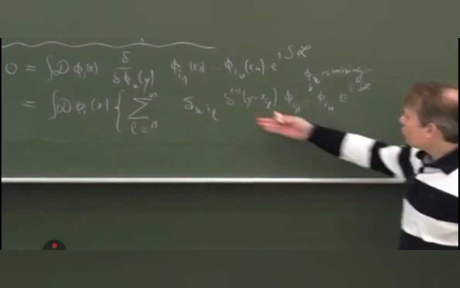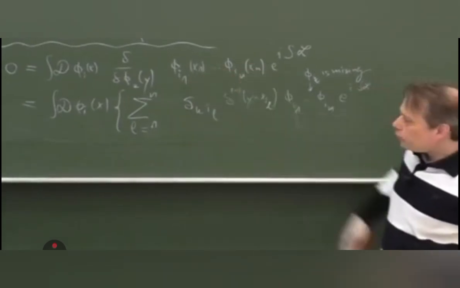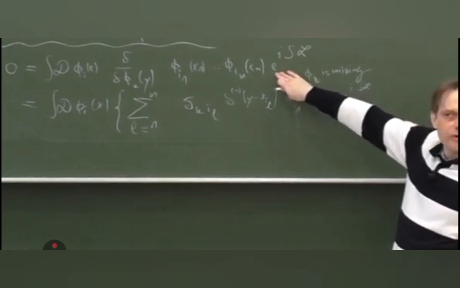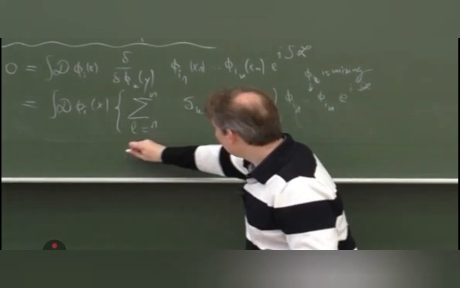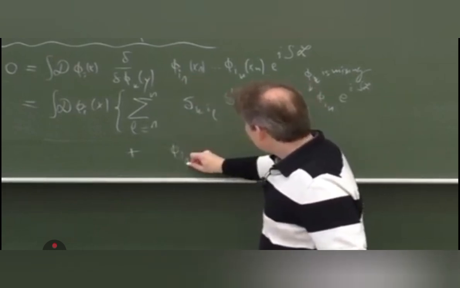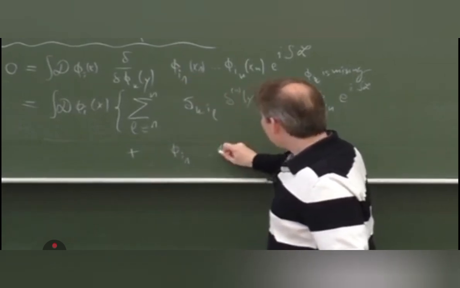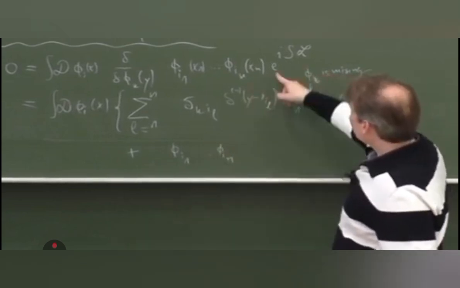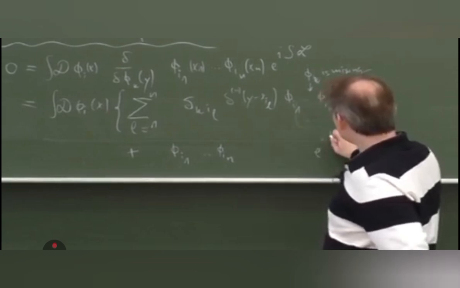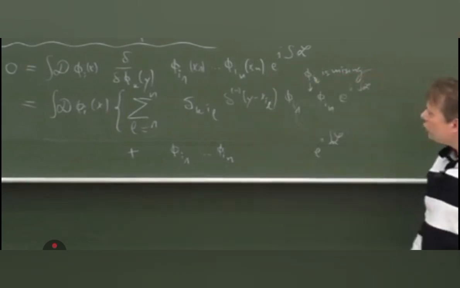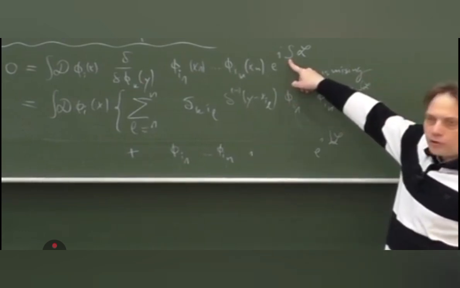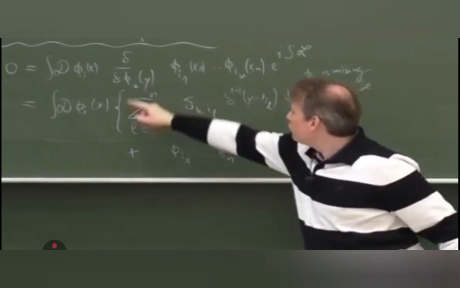So this is the functional derivative of each individual phi, and then we have the extra term from the product rule where we take the functional derivative of the exponential. So we have plus, then first of all the field operators in the front are unaffected, and the functional derivative of the exponential gives, of course, the same exponential times the inner derivative, and the inner derivative is i times the functional derivative of the action with respect to phi_k.